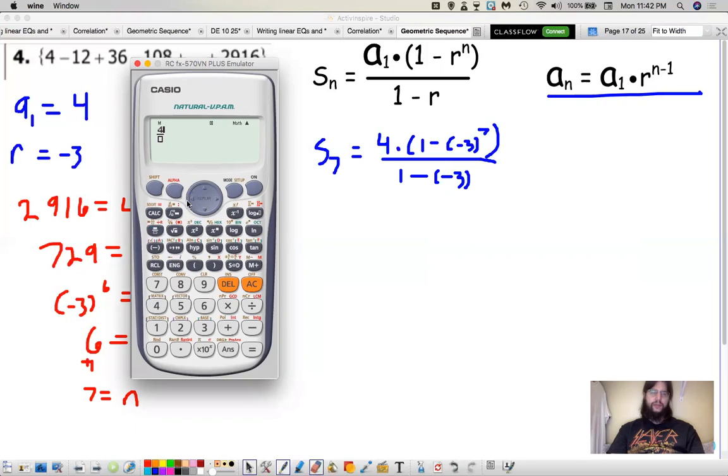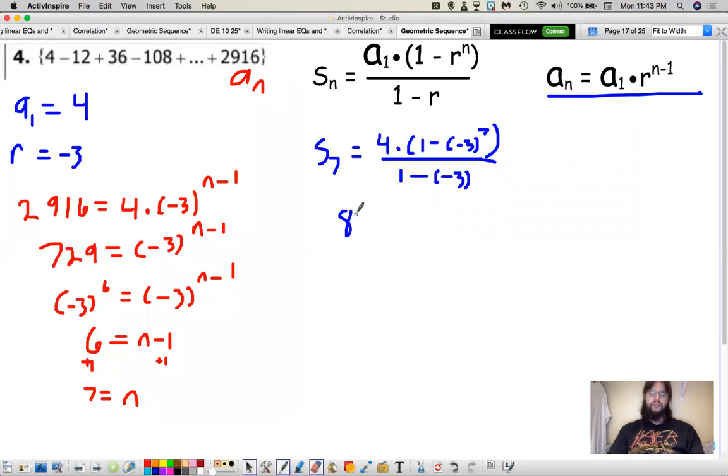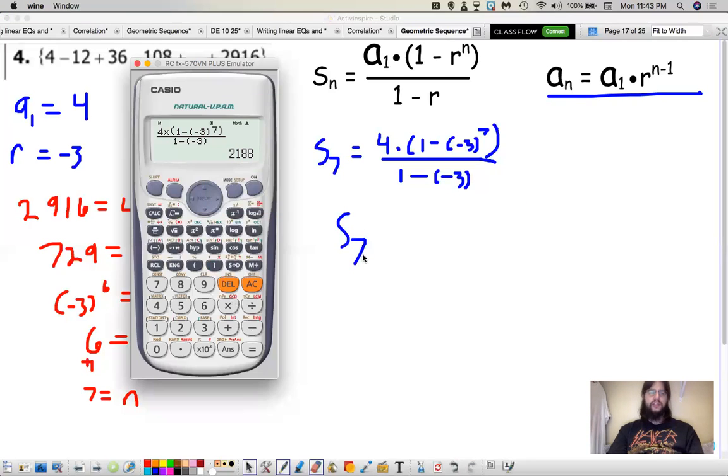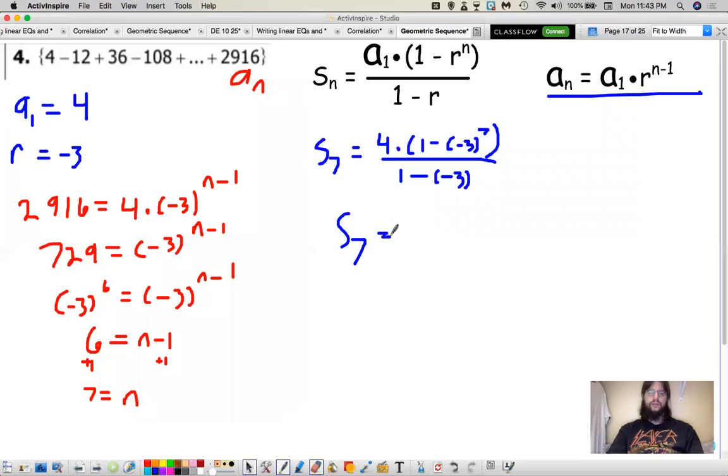Fraction: 1 minus -3 to the 7th power over 1 minus -3. 2,188. Kind of weird for an S7. S7 is equal to 2,188.